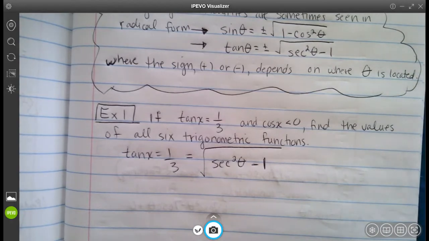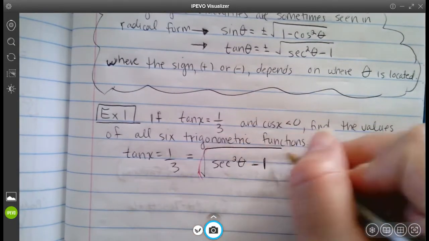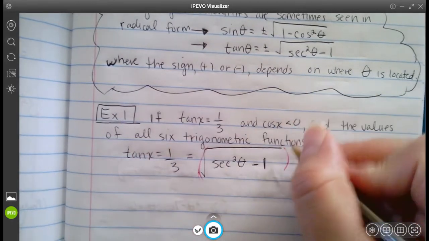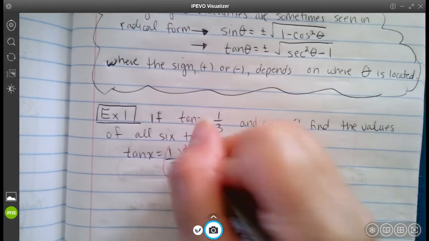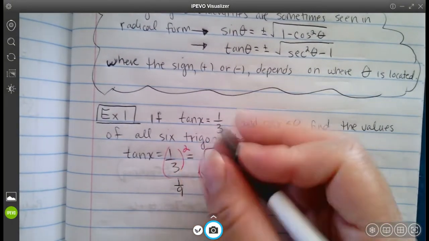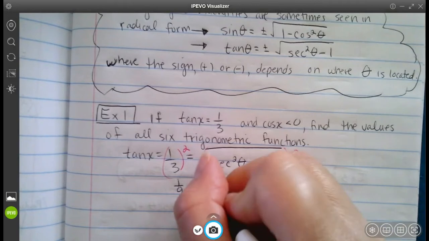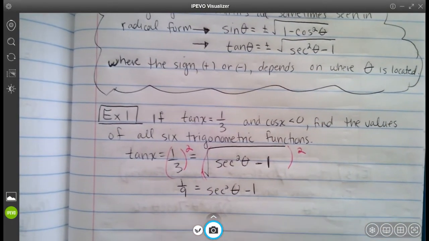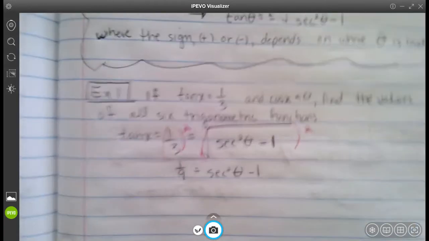To do that, I would probably square both sides first. We're ignoring the tangent x now. This is our equation. Squaring both sides gives me 1 over 9 is equal to secant squared theta minus 1. You would then add 1 to both sides.